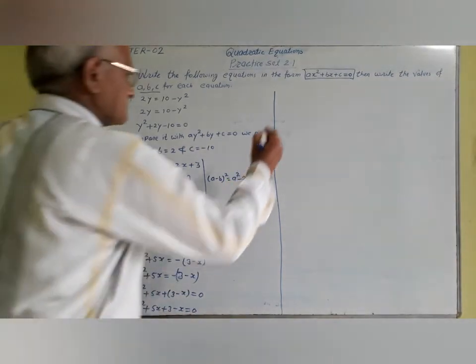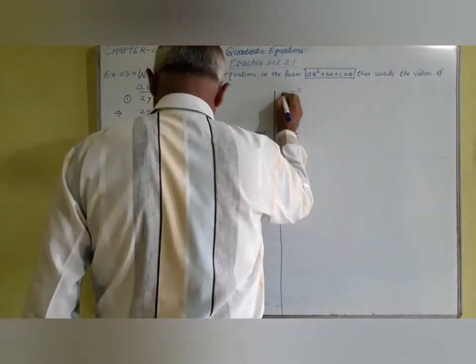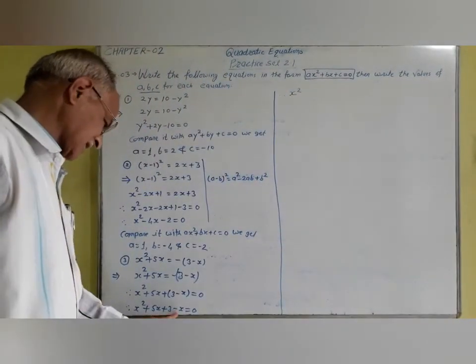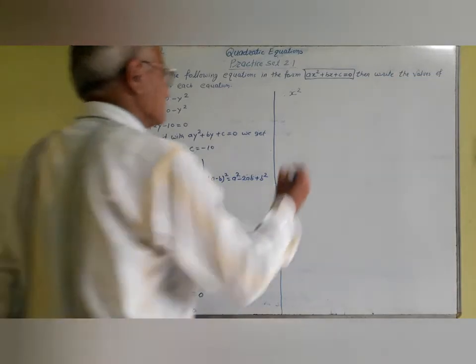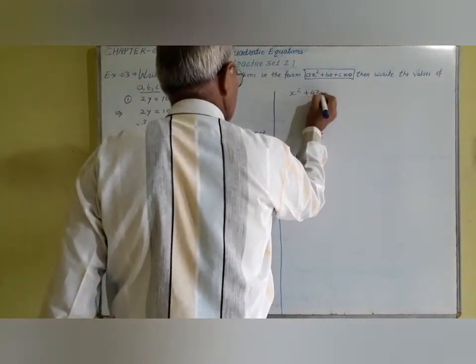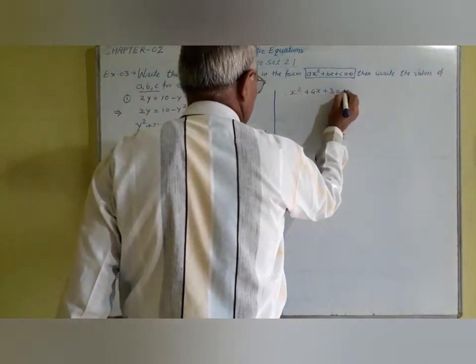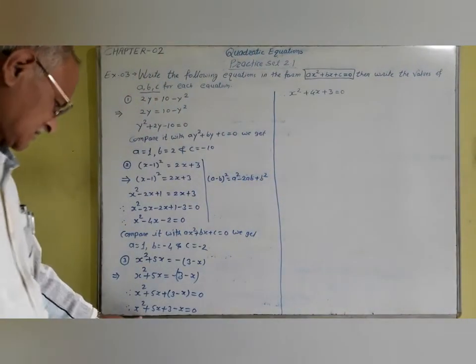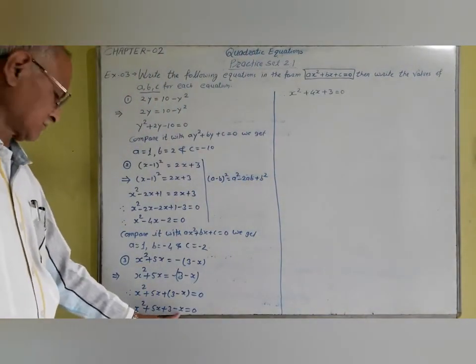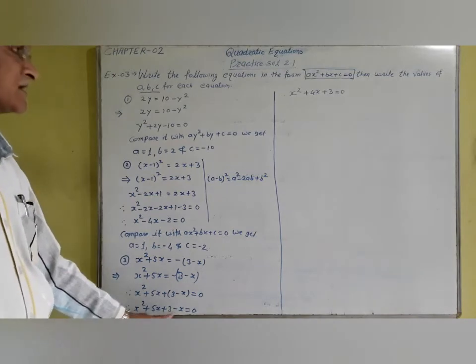x square as it is, 5x minus x is 4x, and plus 3 is equal to 0.